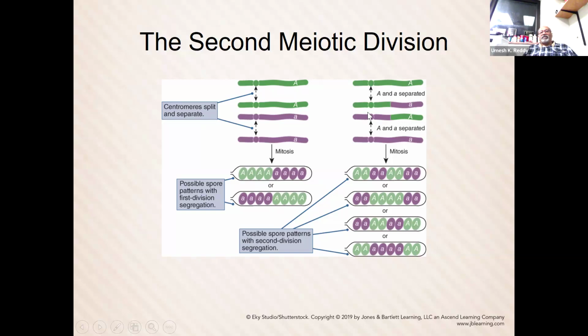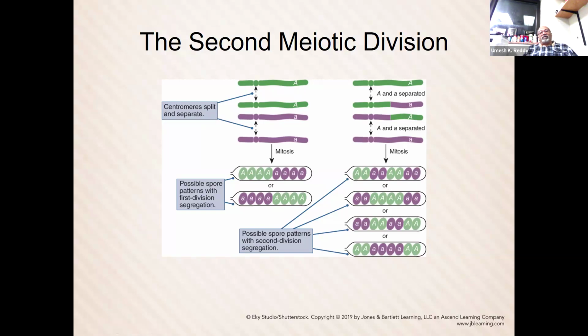So here is the first stage, recombination happened, and now you have meiosis II. So in meiosis II, one possibility is all capital A's and small a's are next to each other, with reference to a single locus. Arushi, this is very important.